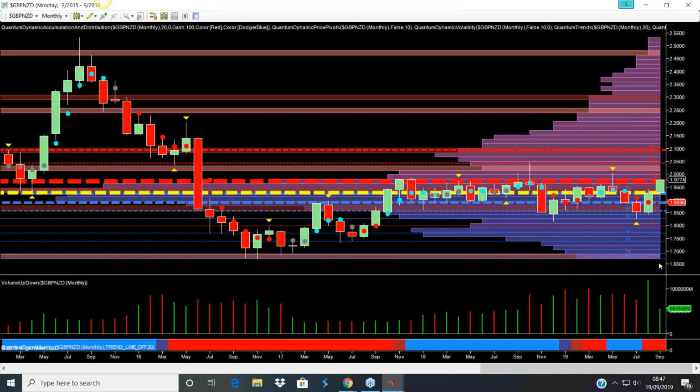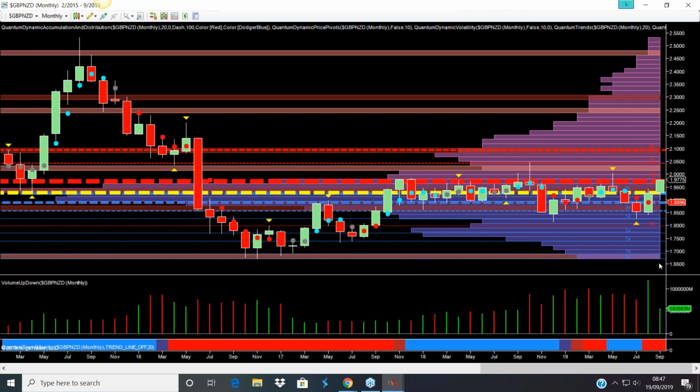MT4 and MT5 are fantastic, great platforms when you start, but there'll come a point when you may have to look beyond them, particularly if you use the kind of information these platforms contain in terms of volume and the data they produce. It allows us to develop different indicators.